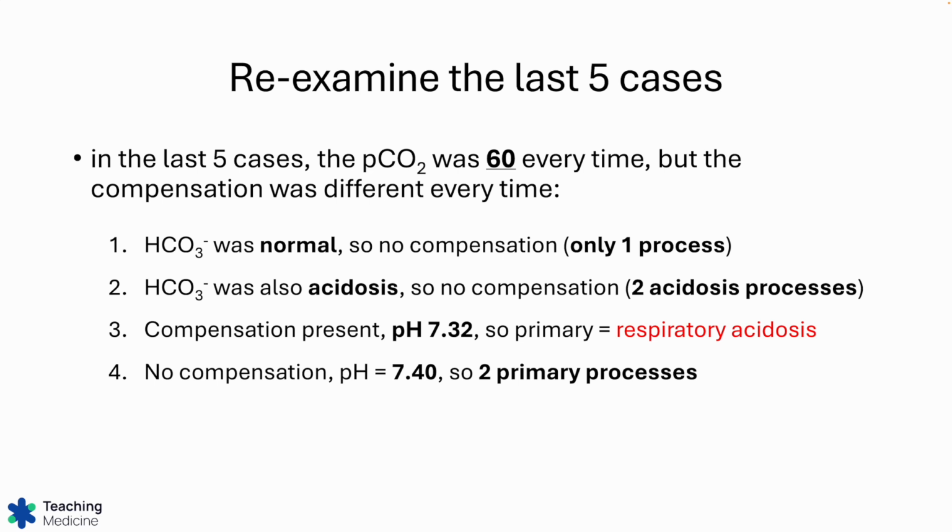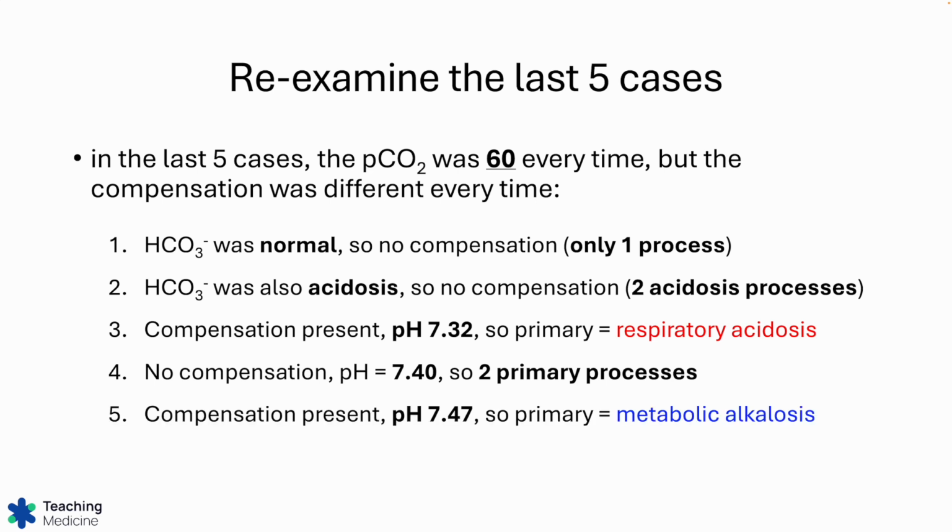In the fourth example, the pH was normal, so we have 2 primary processes as opposed to 1 primary process and 1 compensatory process. And in the last example, the pH was alkalemic, 7.47. So this made the metabolic process primary, and even though the PCO2 was really high at 60, the respiratory process became the compensatory process.